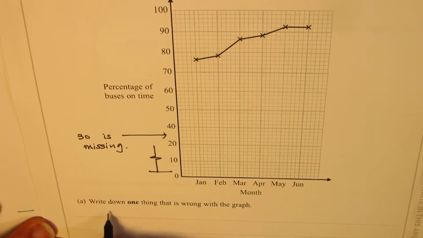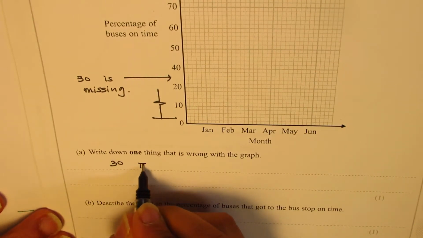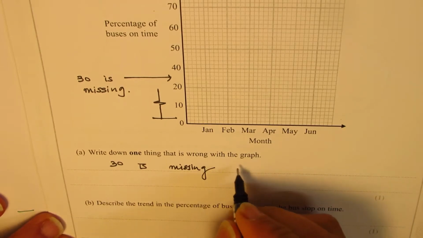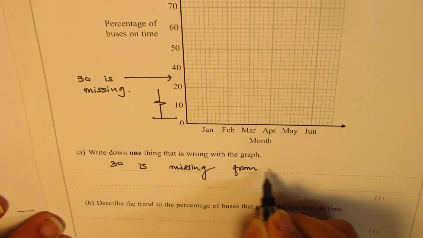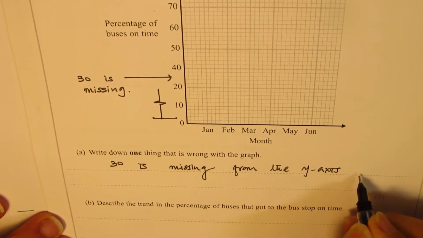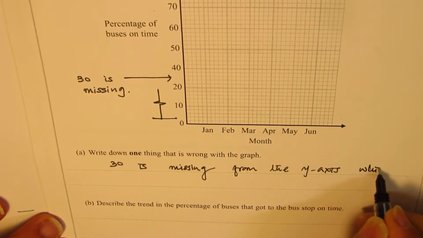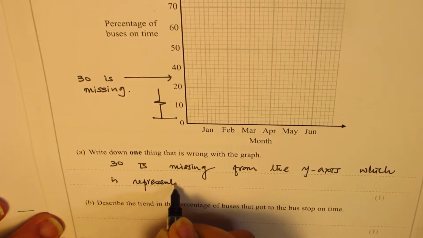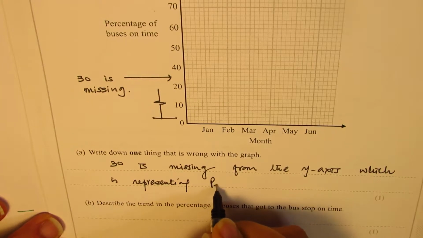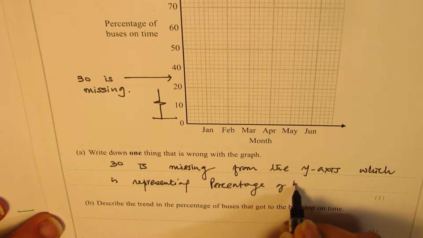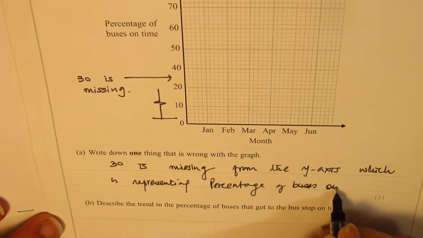So we can say 30 is missing from the y-axis, which is representing percentage of buses on time.